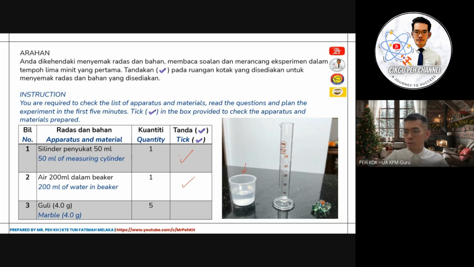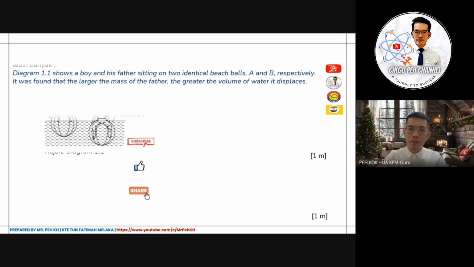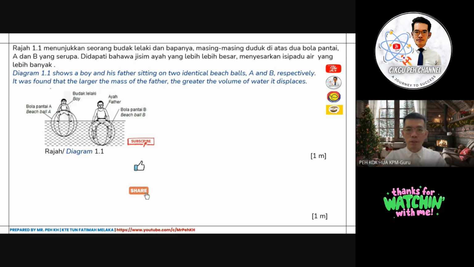It will be 5, with a mass of 4 grams. So let's say all the material is sufficient and functioning well, you can just proceed with your experiment. Okay, so this will be the question where you need to identify the MV and RV so that you can start to plan or do your experiment.